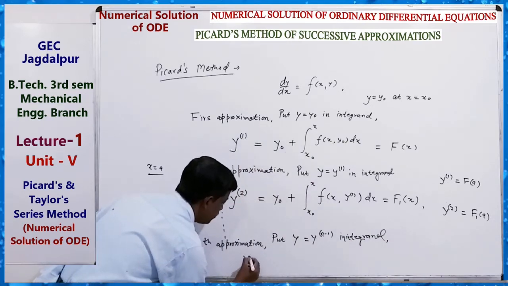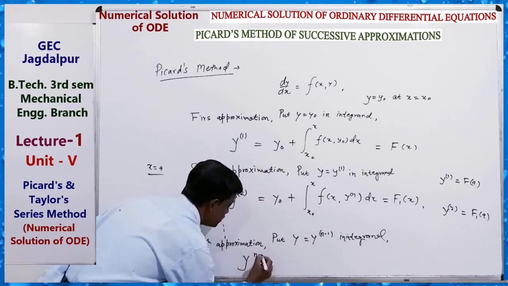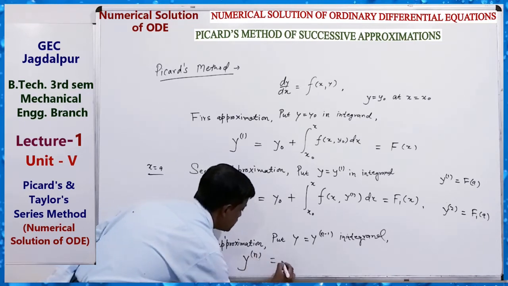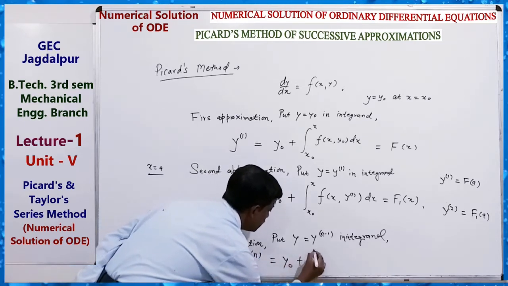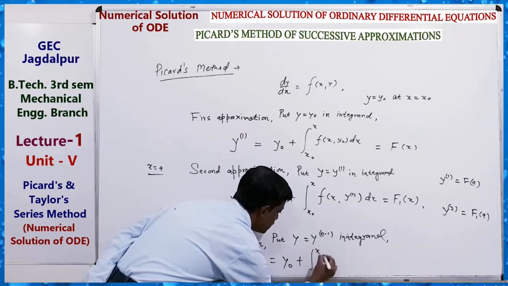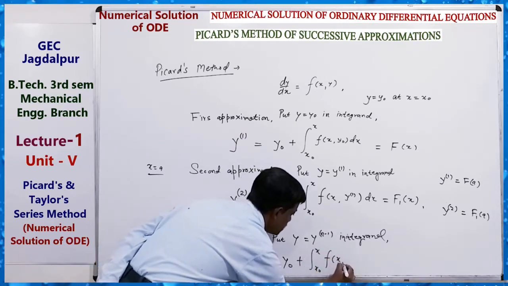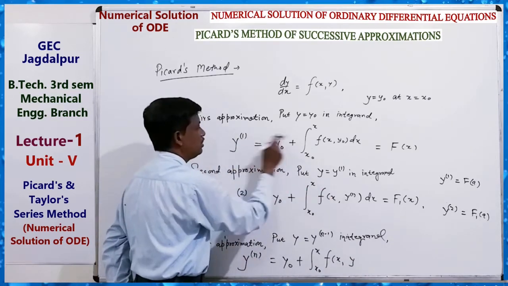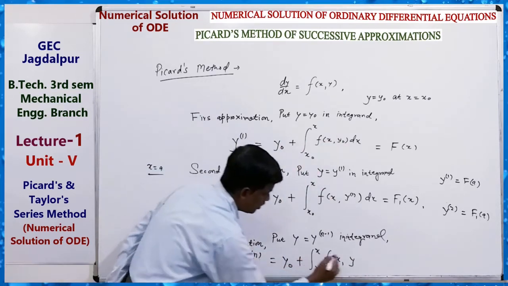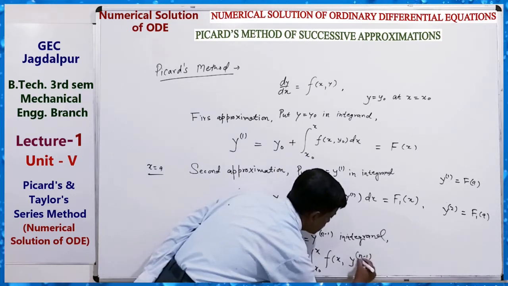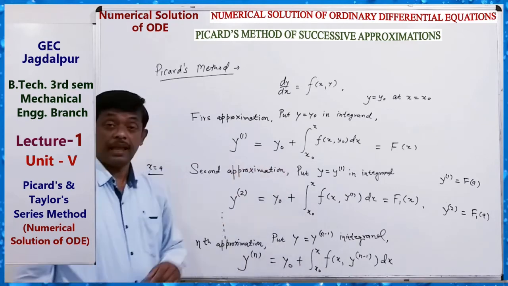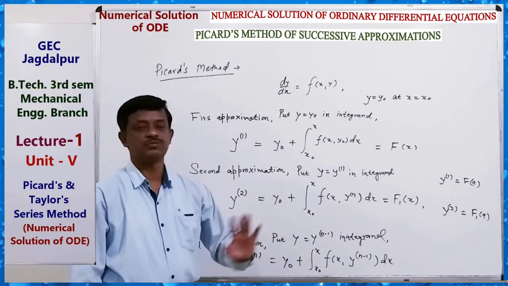Then what will be the formula? yn, the nth approximation, equals y0 plus the integral from x0 to x of f(x, y(n minus 1)) dx, because for 2 here we use 1, and for 1 here we use 0. So the nth approximation can be found using this formula.